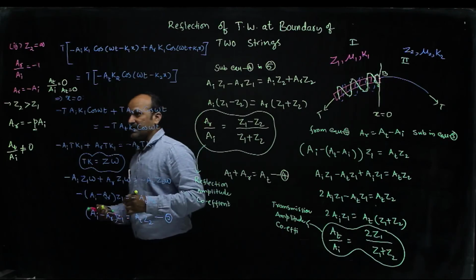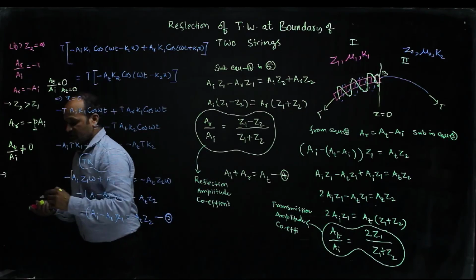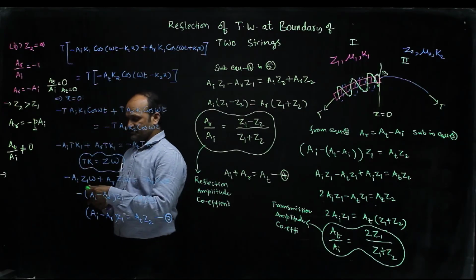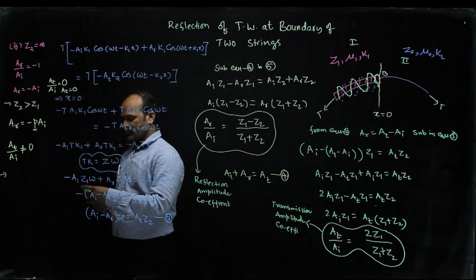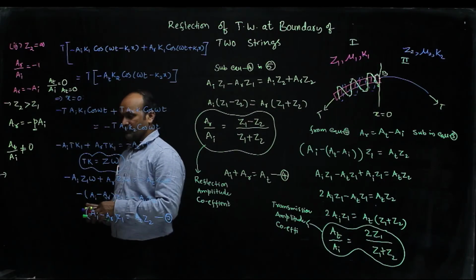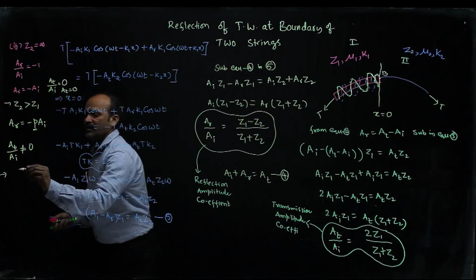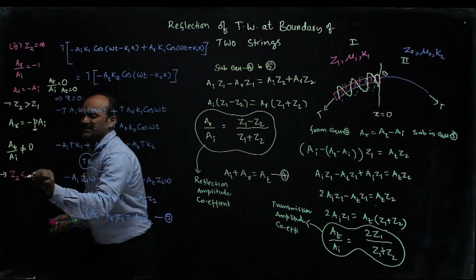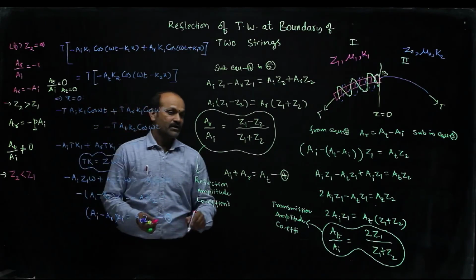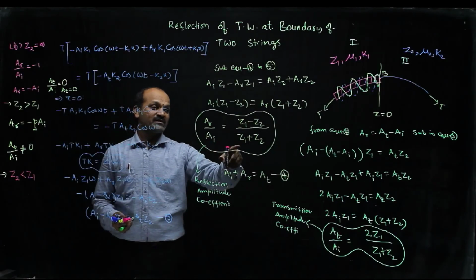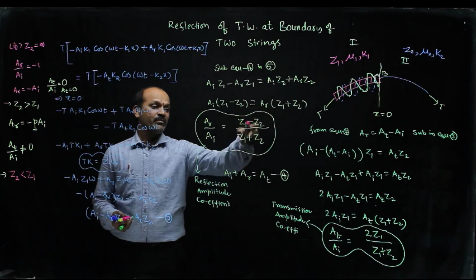Let us take another case. Z2 is less than Z1. What happens, we'll see. Now in this case, when Z2 is less than Z1, this value will be positive.